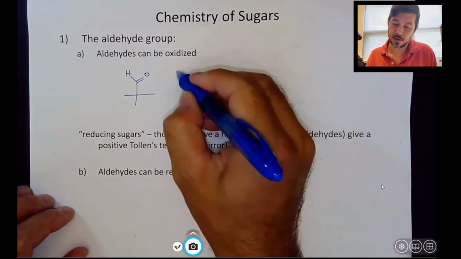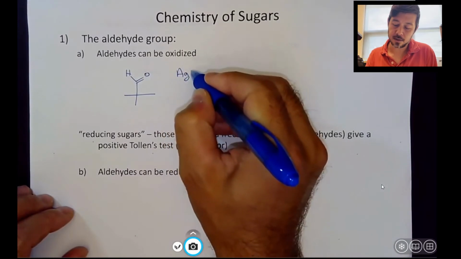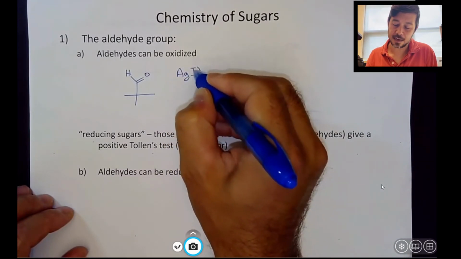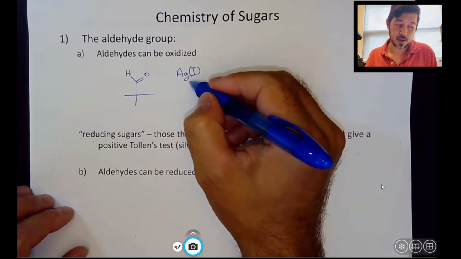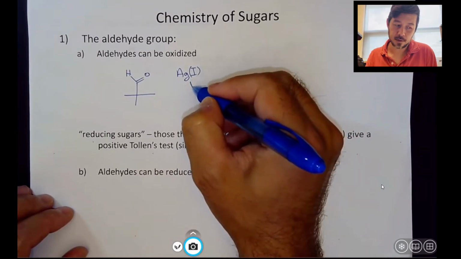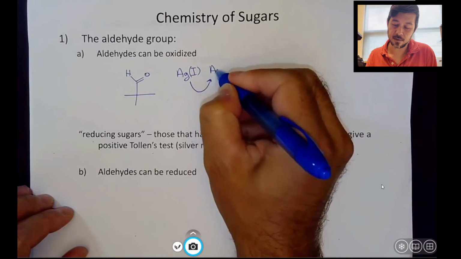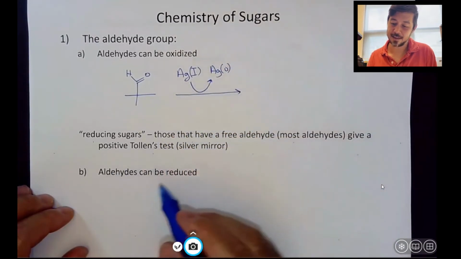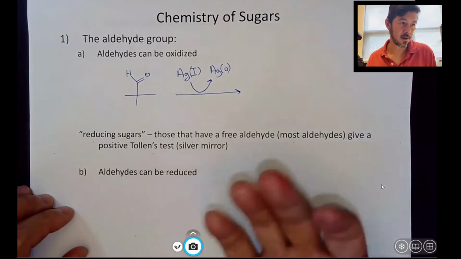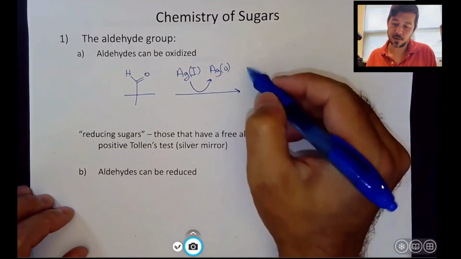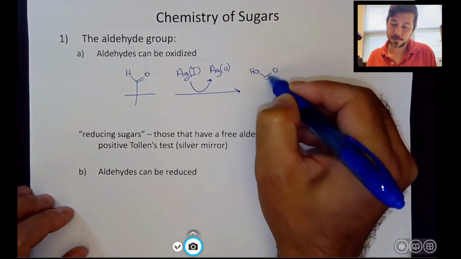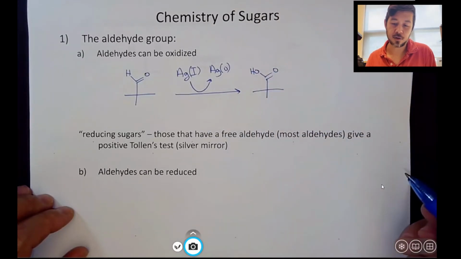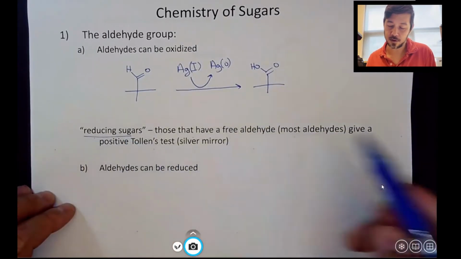Essentially what happens is that if you take silver in its +1 charge, the silver will now become elemental silver, and you'll get this silver mirror forming in the glassware. So it's a great way to see whether you have a sugar that has an aldehyde group, because the aldehyde can be easily oxidized. This is also known as reducing sugars.